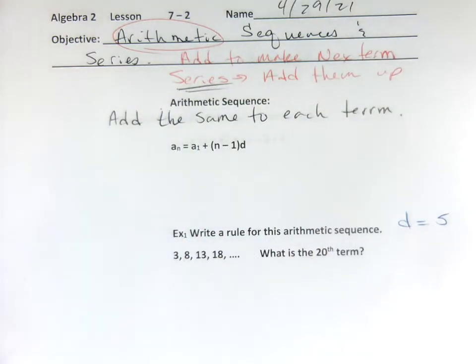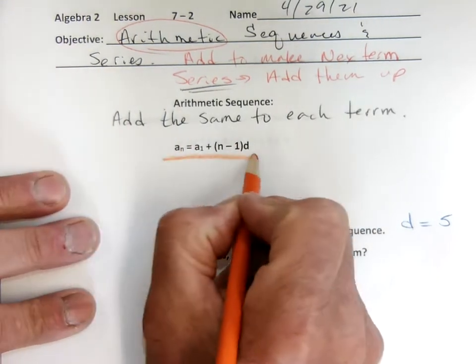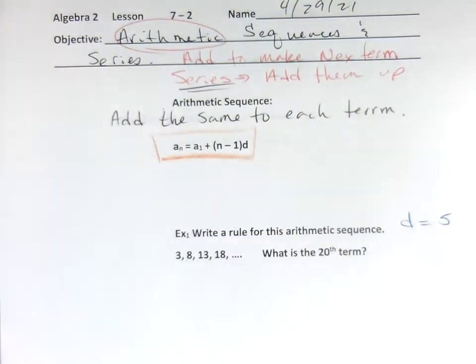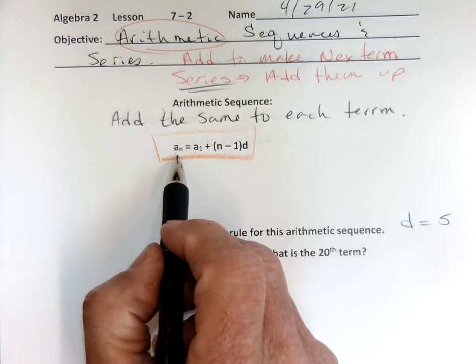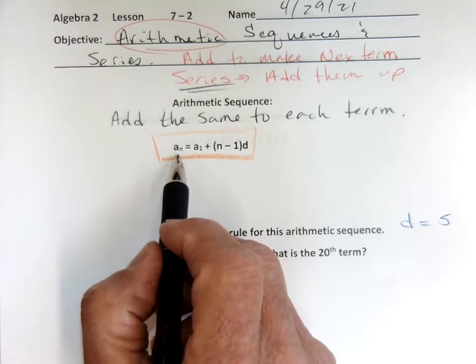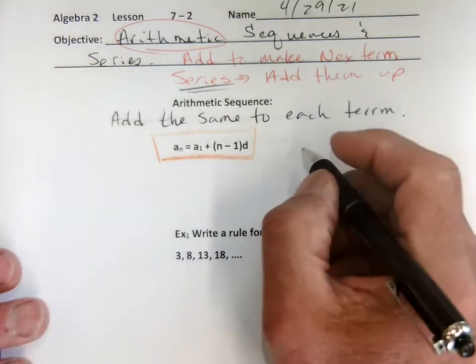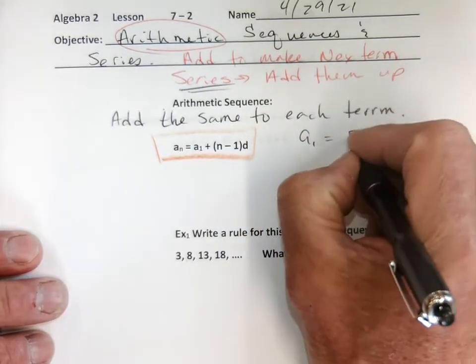So we have this really nice formula that helps us out, okay? So I'm going to highlight this formula. And this is to find any term, okay? So A of n is the last term you want to make. A1 is always your first term.